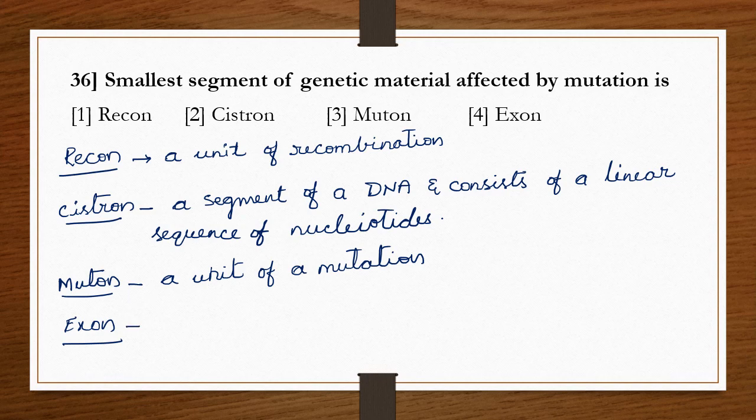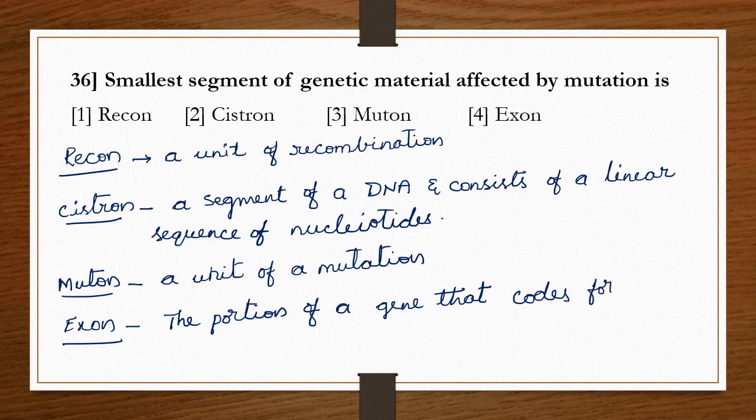Exon is a portion of a gene that codes for amino acids.